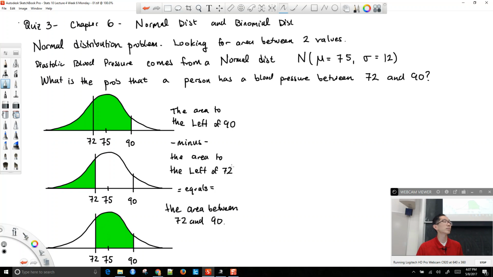Okay, and so this is not too bad. All we have to do is find the area to the left of 90, the area to the left of 72, and then we take the difference and we get the area in between. So I start off and I say z is equal to 90 minus the mean of 75, divided by the standard deviation 12. What do I get? 1.25, is that right?